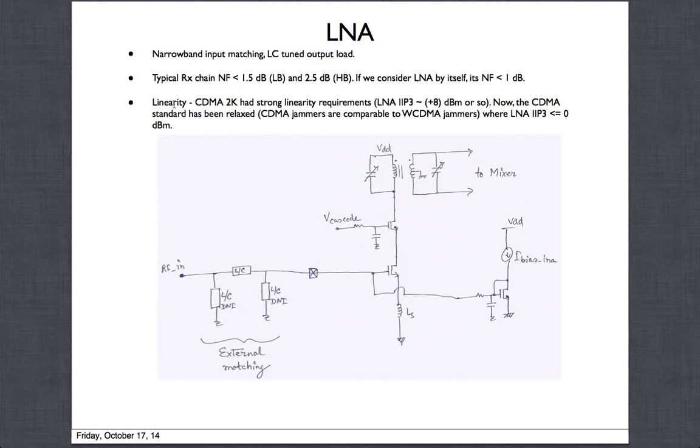As I mentioned, linearity wise, this provides some filtering, but still the jammers coming in hit the LNA. The LNA is the first guy who gets hit by it, and its linearity specs, especially the IP3 in this case, is critical. When the CDMA 2000 standard was written initially, it had some really strong jammers, and that drove some really strong linearity requirements, where the LNA IP3 needed to be almost around +8 dBm.